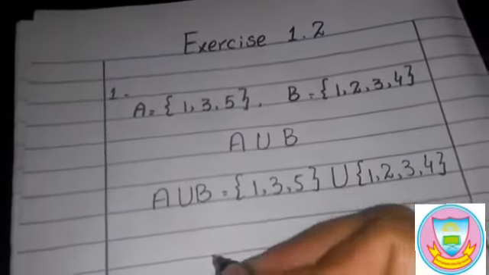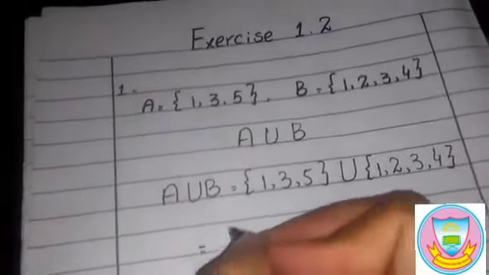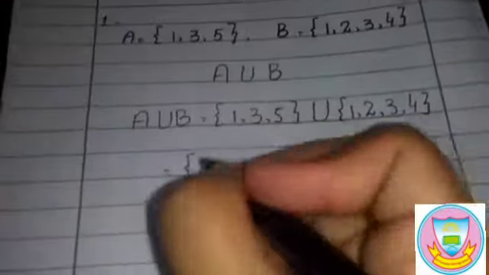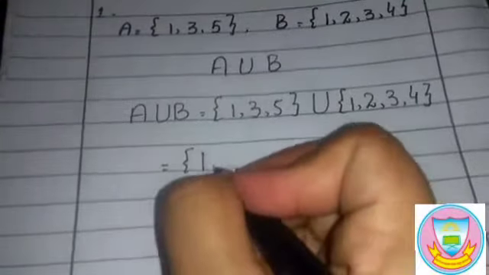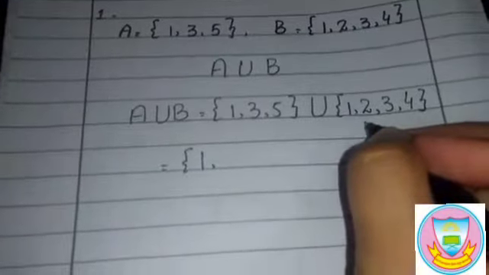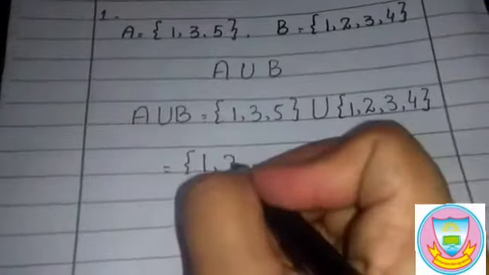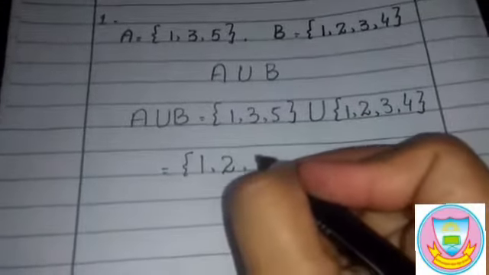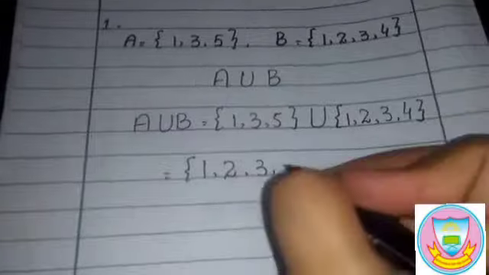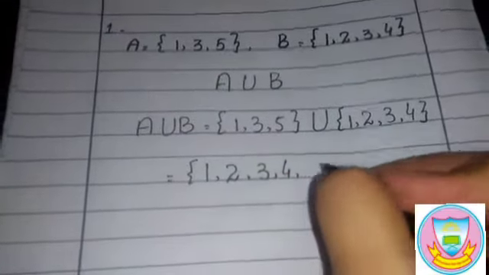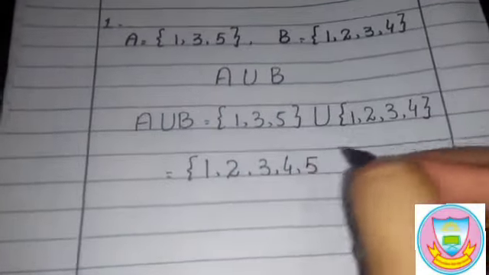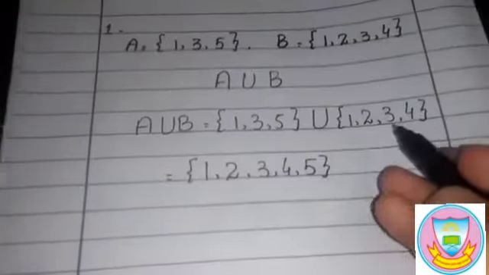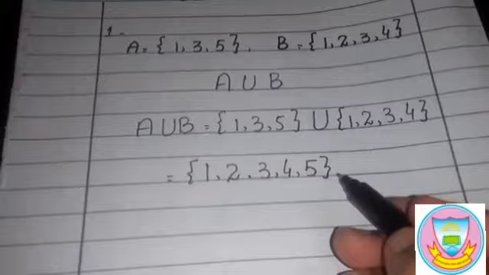Okay students, now put an equal sign, then bracket. First we write 1, then we write 2 because we write all the elements, then 3, then 4, and at the end we write 5. These are all the elements of sets A and B: 1, 2, 3, 4 and 5.